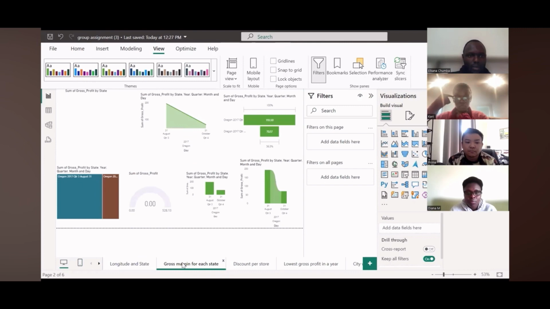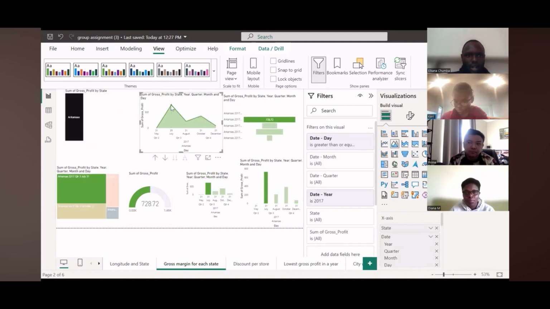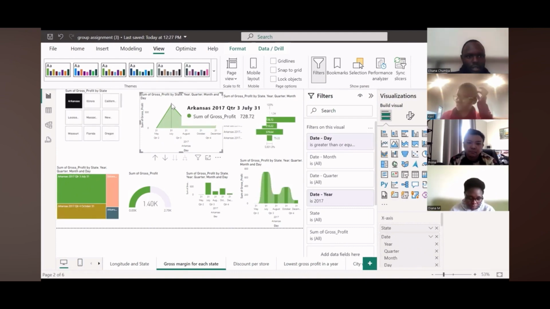So the next part, I'm going to do the gross margin for each state. Here we can identify the gross margin for various states. You can identify the states in the slicer with the highest gross margin profit. This is Arkansas, which has 1.40K. You can see it on the page, and anywhere in the data where you click, it can give you Q3 in 2017, Q3 July.